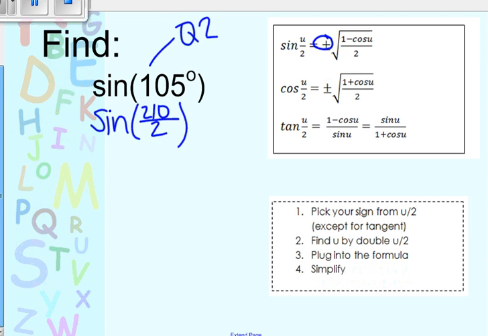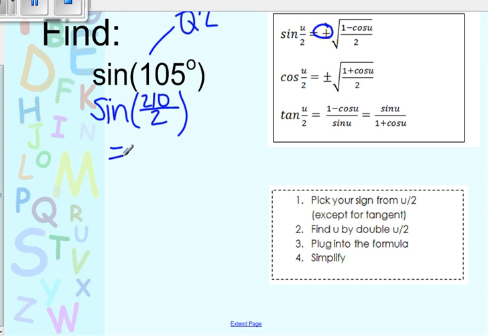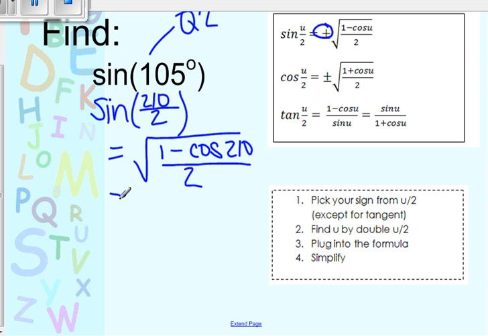Okay, so that means we're actually equaling the square root. It's a plus technically in front. 1 minus the cosine of 210, divided by 2. So cosine of 210, right? 210 is in the third quadrant, so I know it's going to be a negative.